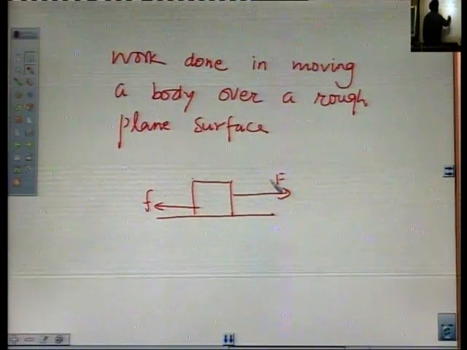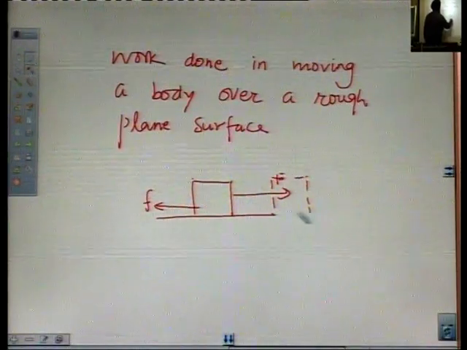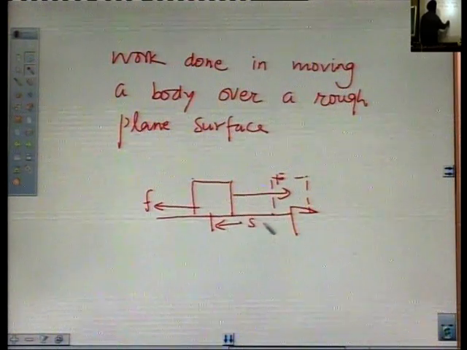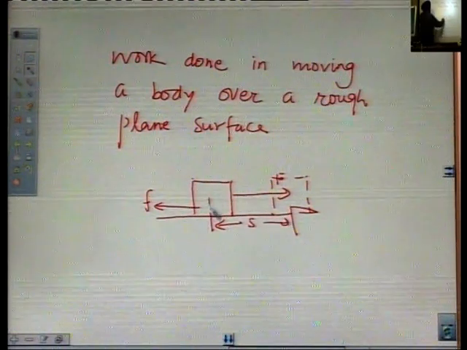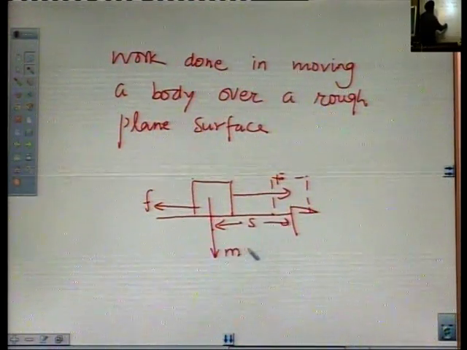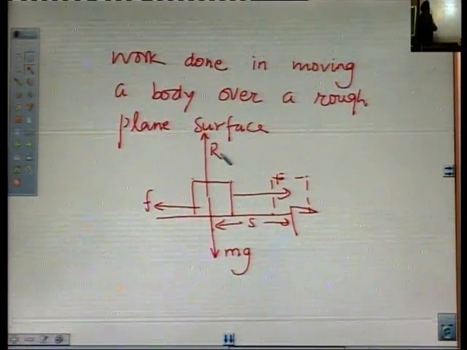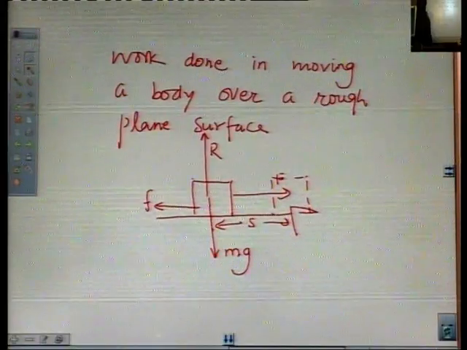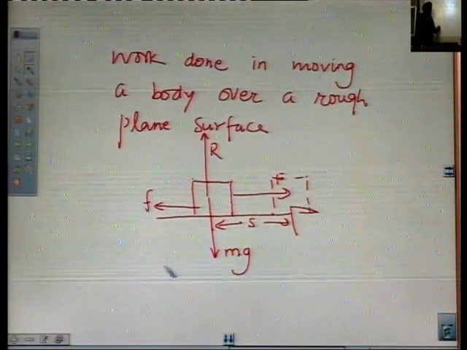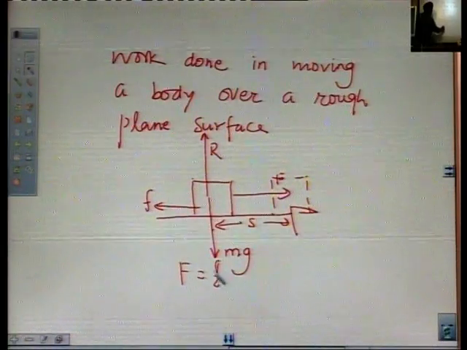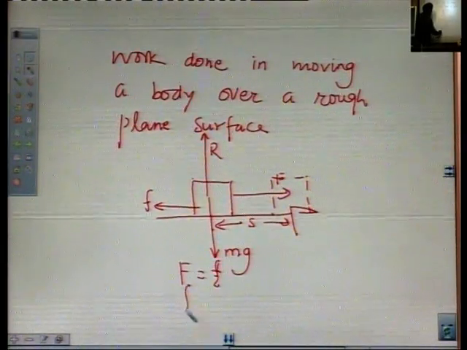Suppose the body moves through a certain distance S. Weight of the body acts in the downward direction, normal reaction acts in the upward direction. So, minimum force required will be equal to force of friction.